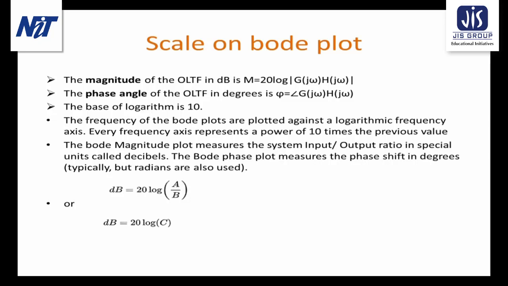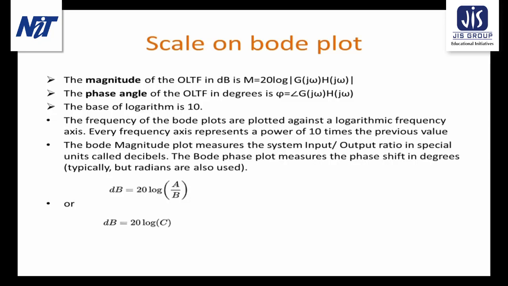So, the slope, which is actually the ratio of the y-axis by the x-axis, can be measured in dB per decade. That means decibel per decade. So, if we consider an example, the frequency band between, suppose, 0.3 and 3 radian per second is known as a decade.